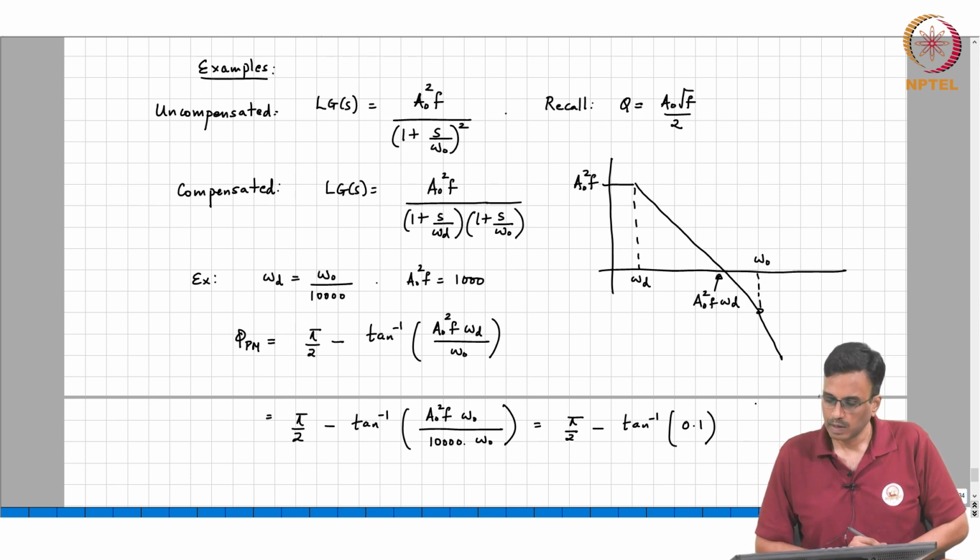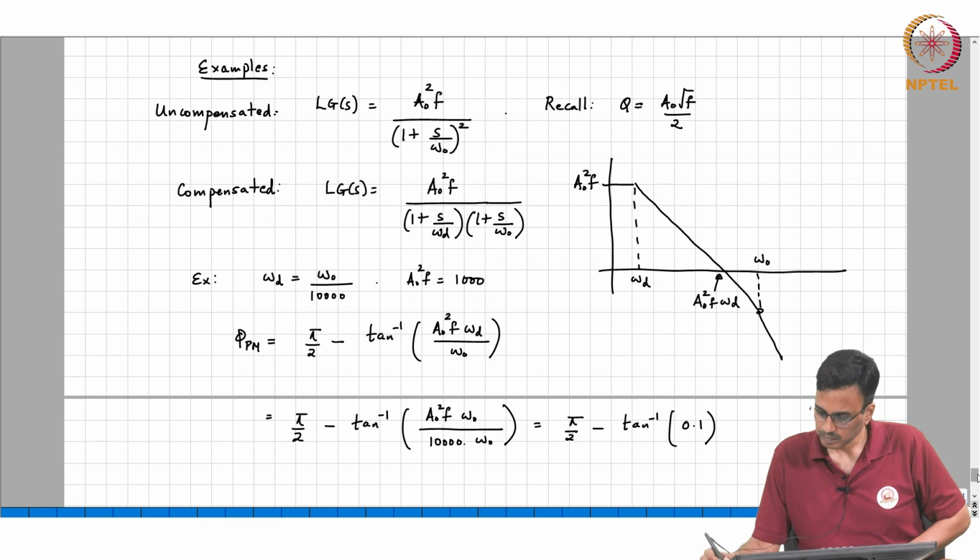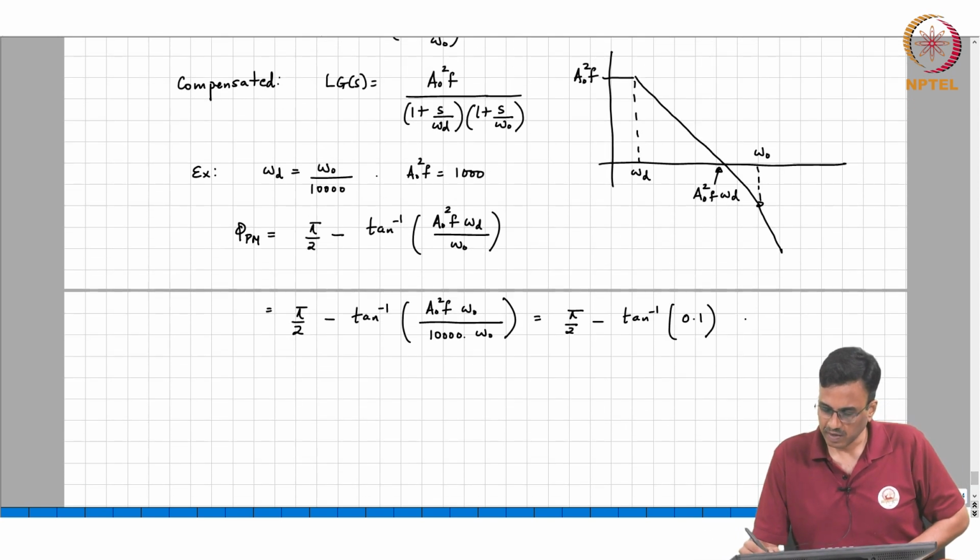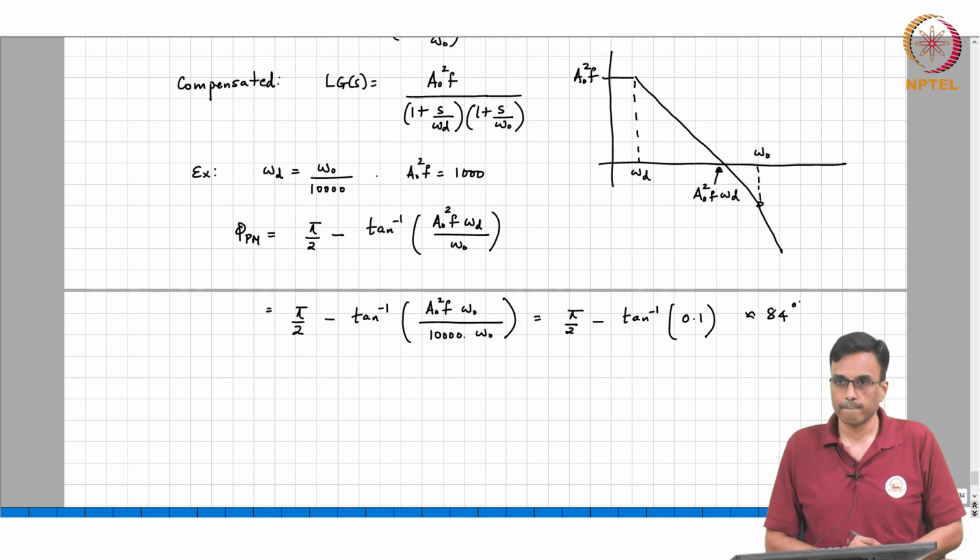Okay. So, basically in this case the phase margin is about 84 degrees, okay.